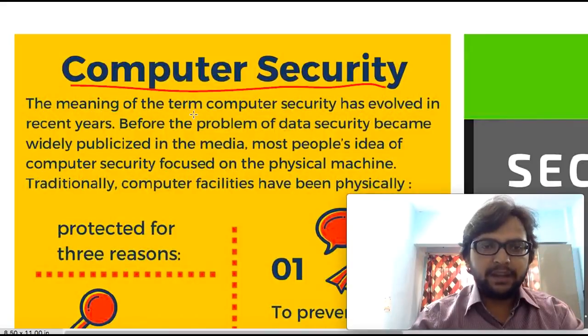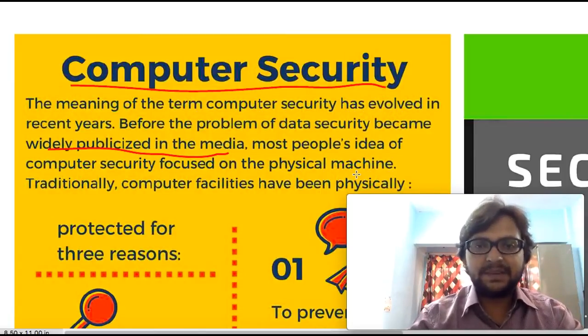So the meaning of the term computer security has evolved in recent years. Before the problem of data security became widely publicized in the media, most people's idea of computer security focused on the physical machine, not on the actual data present there.